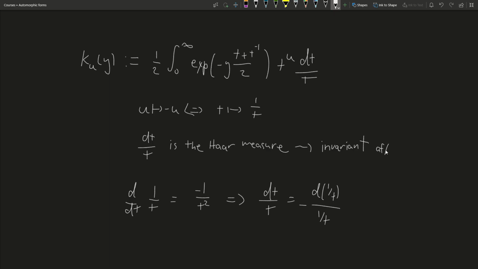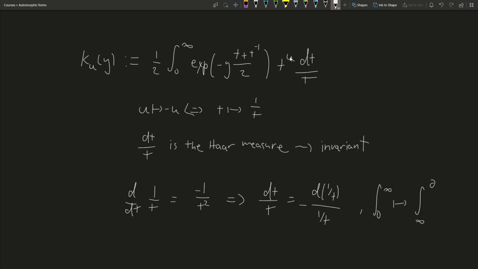So it's invariant essentially after swapping the bounds. I don't know how you want to think about that. But anyway, this is invariant under this transformation, because you also have to do 0 to infinity goes to infinity to 0. Okay?